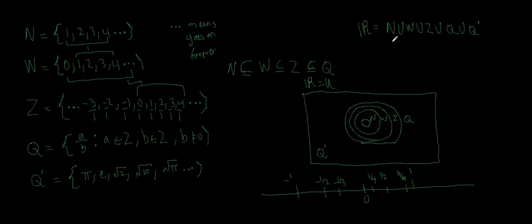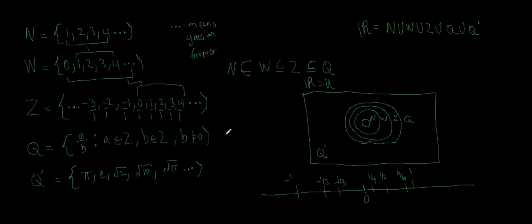Now the union would be discussed in the next video, but it just means the set of real numbers is all of these numbers combined, in layman's terms, or in plain English.